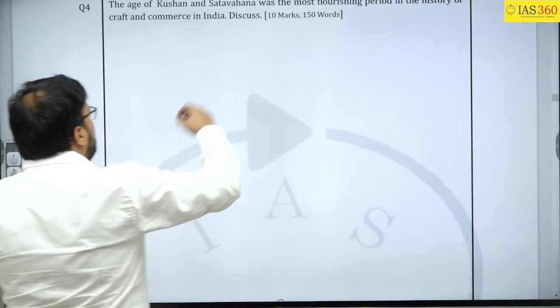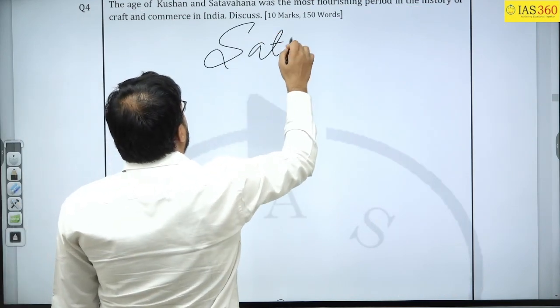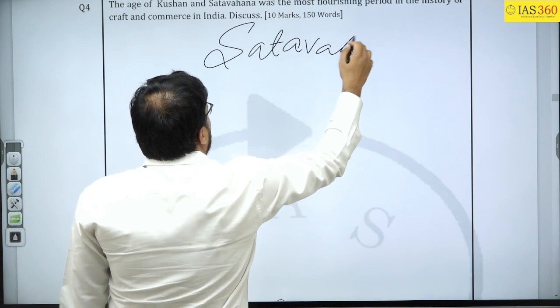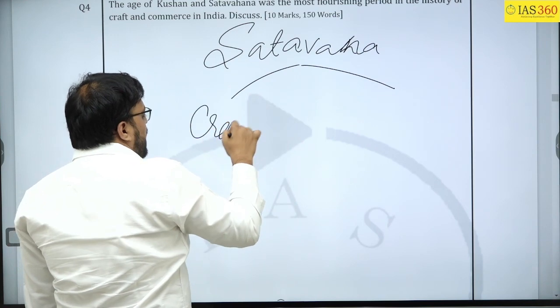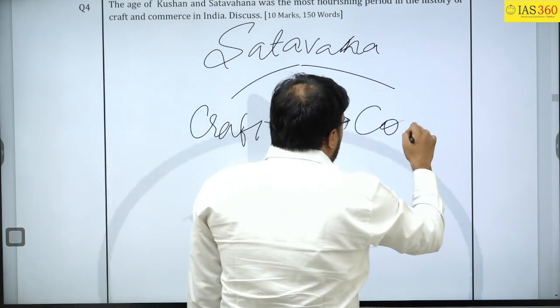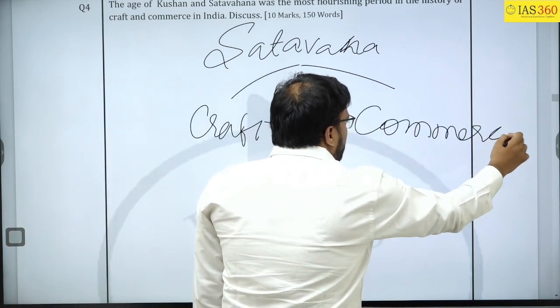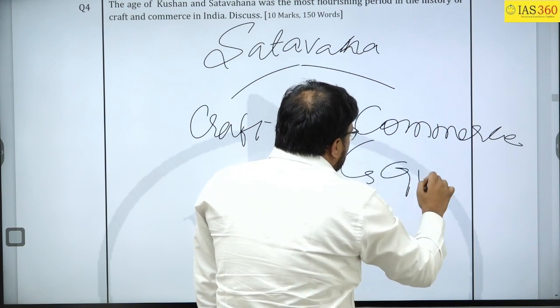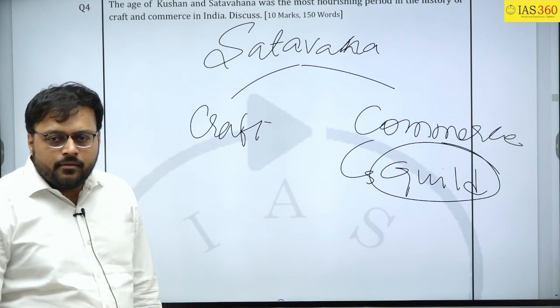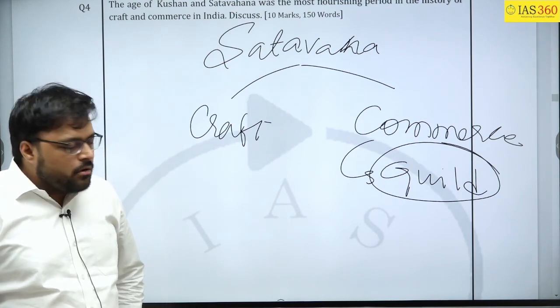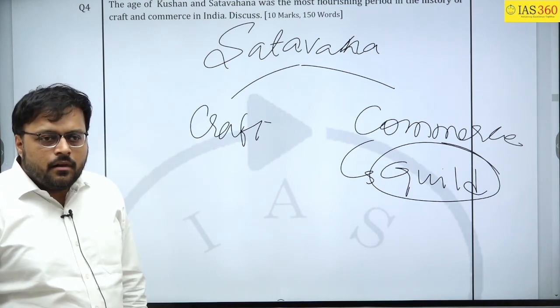now if you want to talk about the Satavahana, again the same thing. You need to talk about the craft. You need to talk about the commerce. So in commerce, nobody has written about the guild. Srenis, we were talking about the guilds.